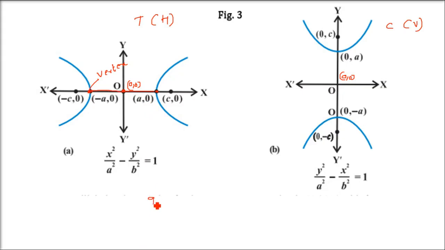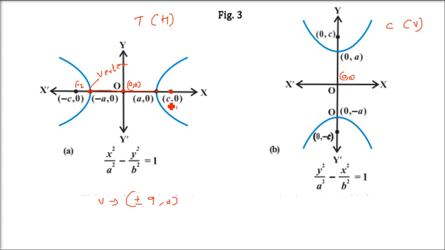From here to here, the distance to the vertex, if the center is the origin, will be a on this side and a on that side. So the coordinates of the vertices will be plus minus a, 0: a on the right-hand side, and a on the negative side. Every ellipse, hyperbola or parabola will have a focus.